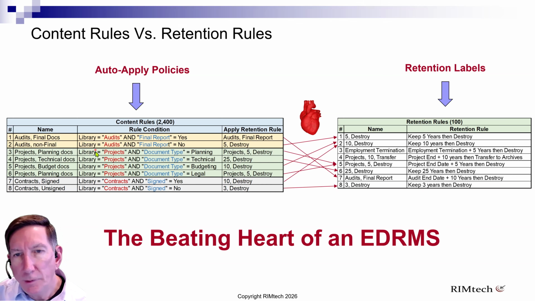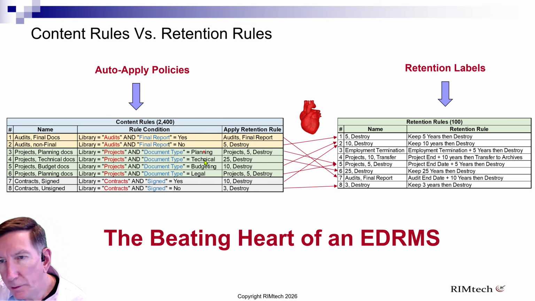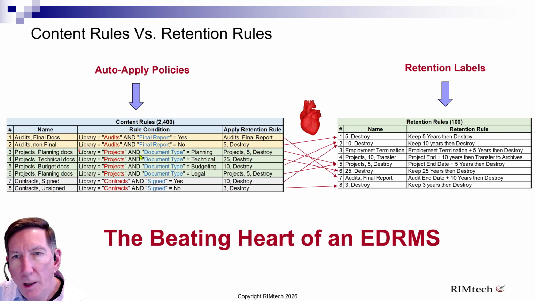For example, let's look at projects in the middle here. In the library called projects, we have a metadata column called document type, and it can contain maybe 10 or 12 different settings, planning documents, technical documents, budgeting, and so on. And if the library name is projects and the document type contains the word planning, then apply this retention rule to those documents. Projects, comma, 5, comma, destroy.